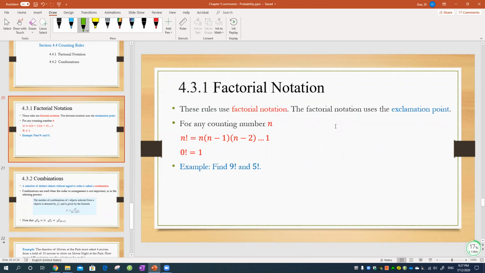The factorial notation uses the exclamation point. For any counting number n, we write n and then the exclamation point, and we read this as n factorial.